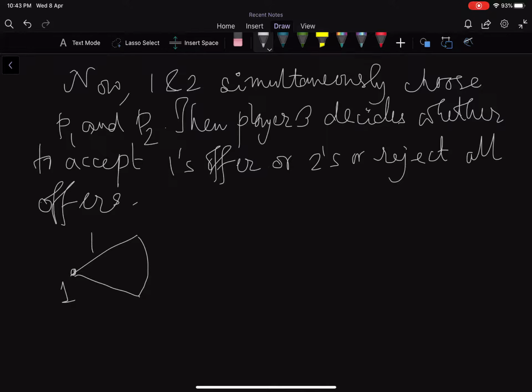So 1 offers p1. Because it is simultaneous, I'm going to draw a dotted line here. A dotted line here means that player 2 makes an offer without knowing what player 1 is offering. So 2 makes a similar offer p2.